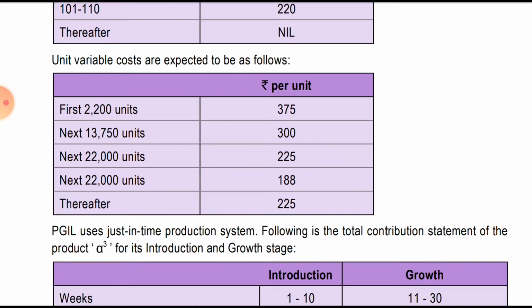Because of all these factors, the cost is reducing. But after a certain period, that is after the next 22,000, it is increasing. The declining stage has now started, because they had to incur costs for advertisement and sales promotion to sell their remaining stock. This could be an indication of the declining stage.